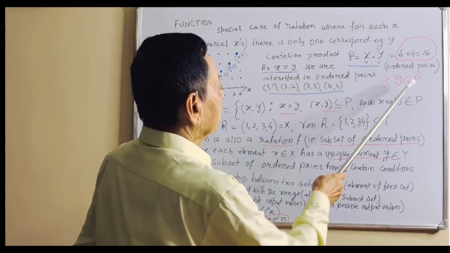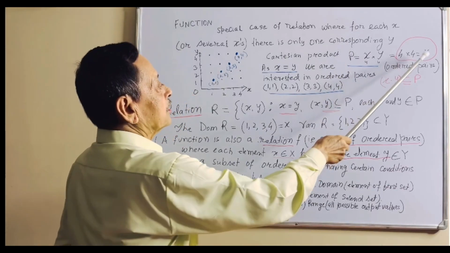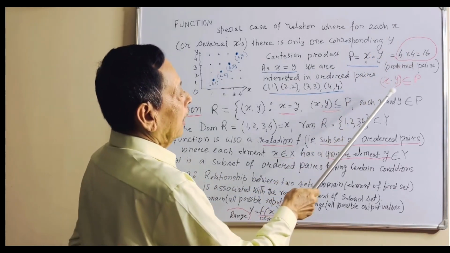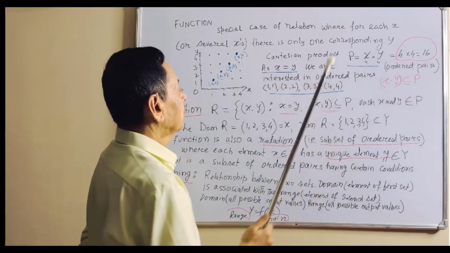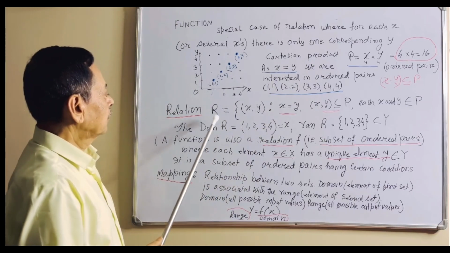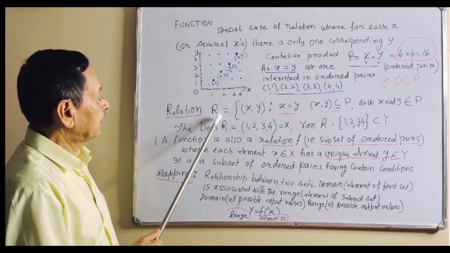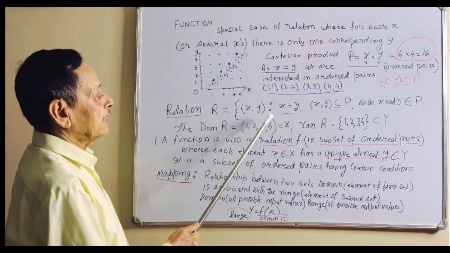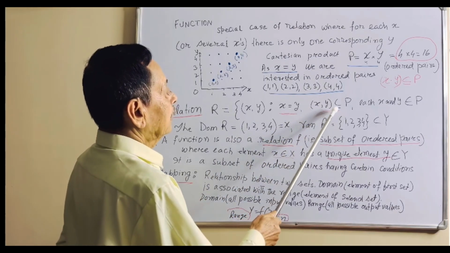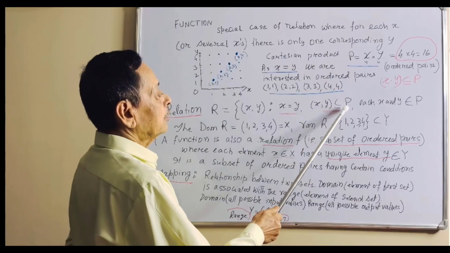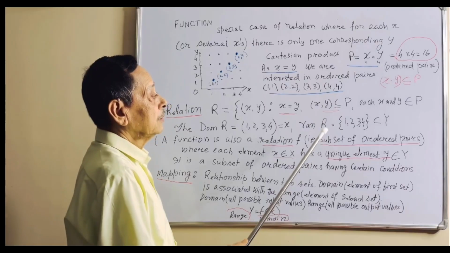Now, x and y, if P is equal to x and y, for 16 ordered pairs, and xy is less than P. So the relation we discussed earlier is written like this: xy such that x is equal to y and xy less than P. That means it is included within the Cartesian products.